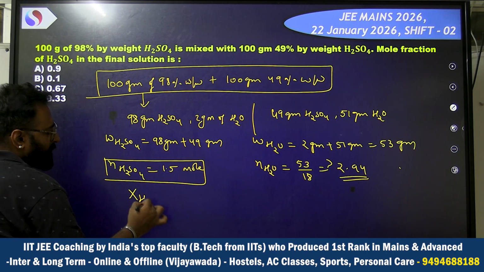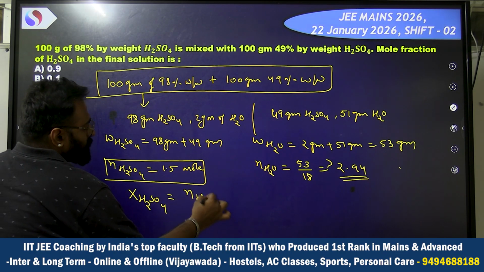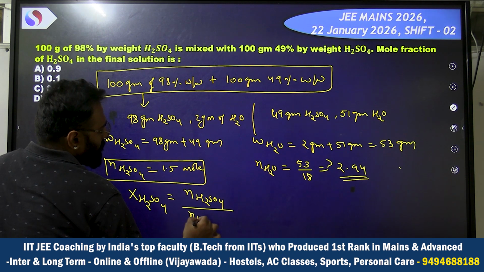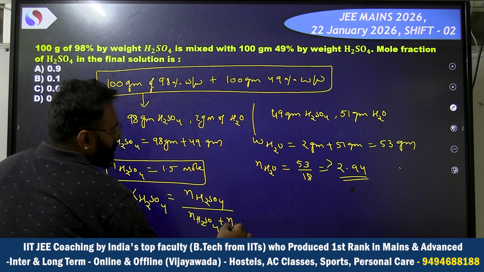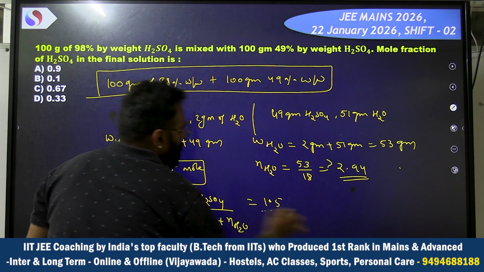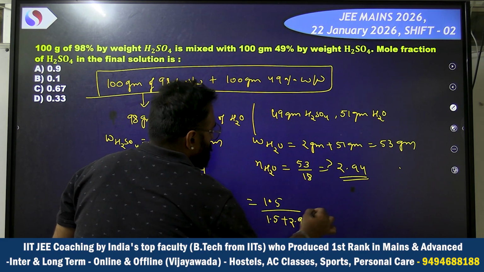So mole fraction of H2SO4 is equal to number of moles of H2SO4 divided by number of moles of H2SO4 plus number of moles of H2O. That is, 1.5 divided by (1.5 plus 2.94).